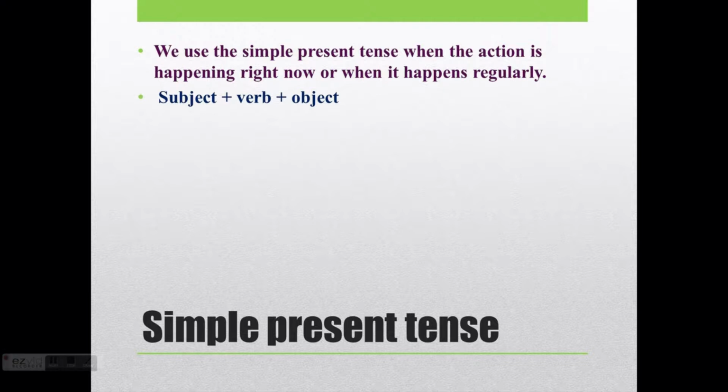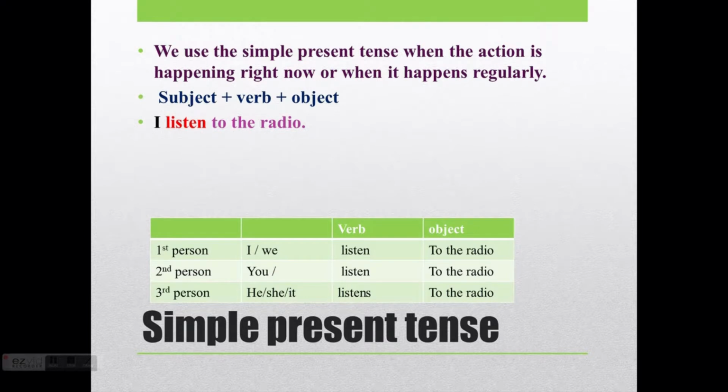Okay, now let's take an example. I listen to the radio. Here I is the subject, the verb is listen, and to the radio is the object. See, the sentence is in the form of subject plus verb plus object. And before writing sentences in simple present tense, you should know about this table.